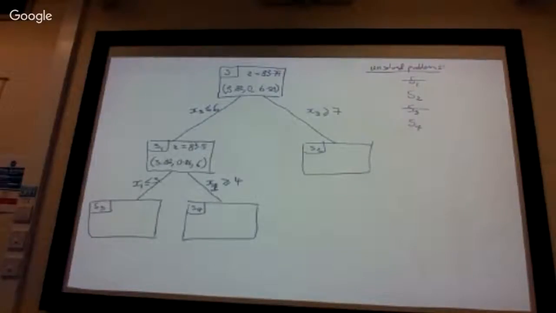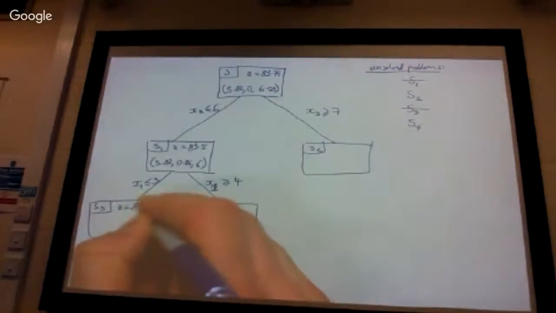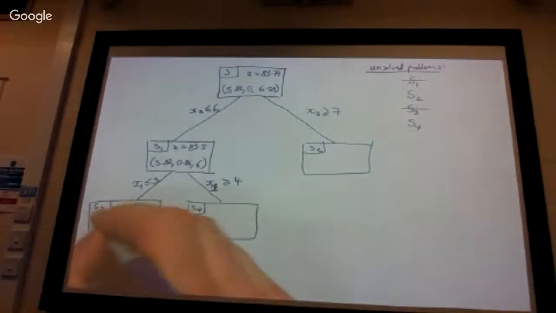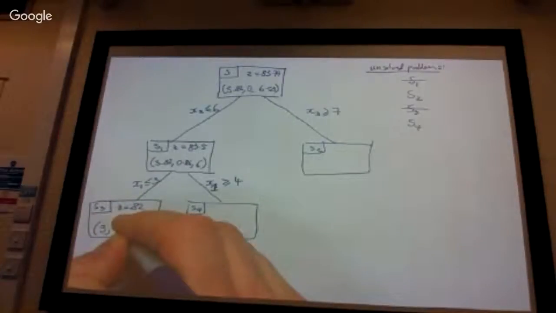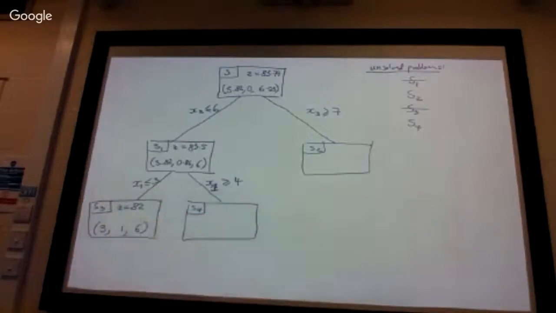So S3, I get X1 less than or equal to 3 as a new constraint. So I just added it on to the other one, X3 less than or equal to 6. I get Z is 82, and X1 is 3, and X2 is 1, and X3 is 6.